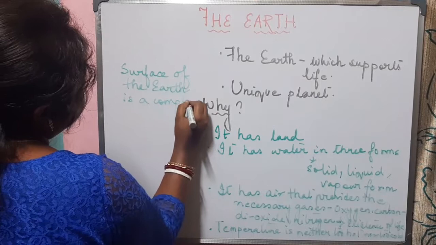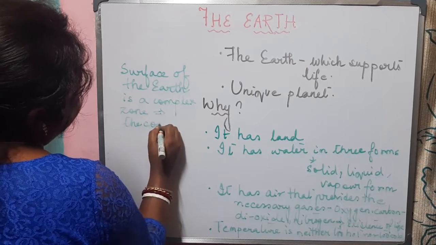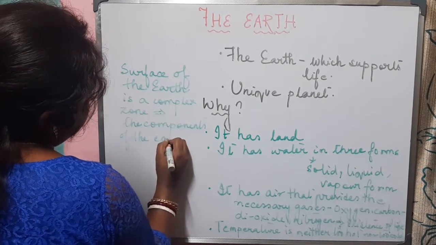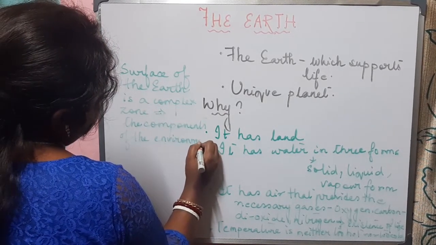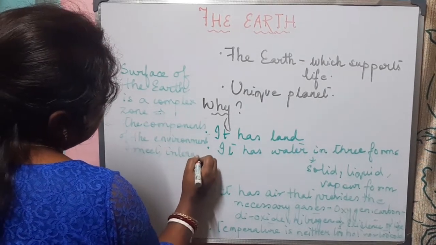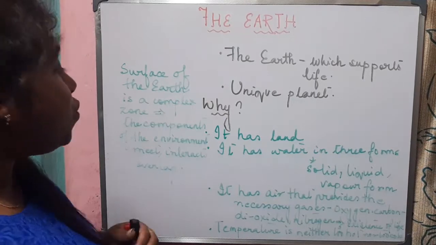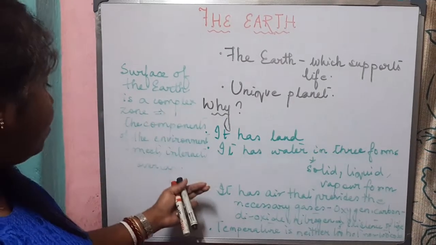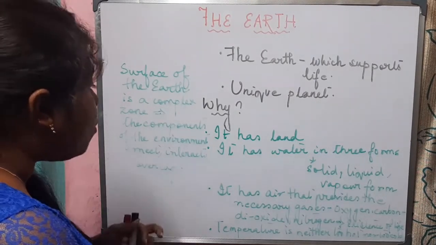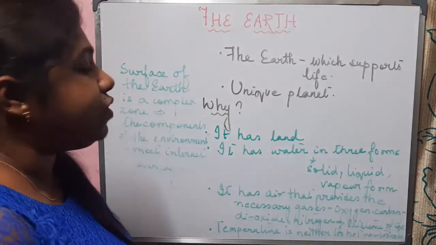Here the components of the environment meet, interact and overlap. So now let us know about the components of the environment that meet, interact and overlap. And these components form the system of the earth. So now let us move ahead to know the components of the environment.